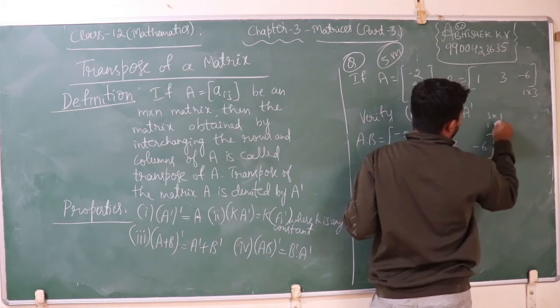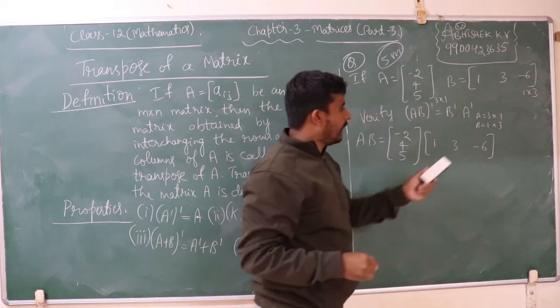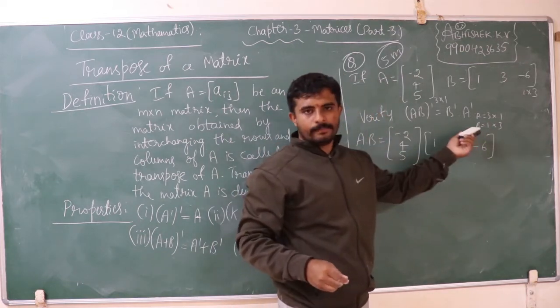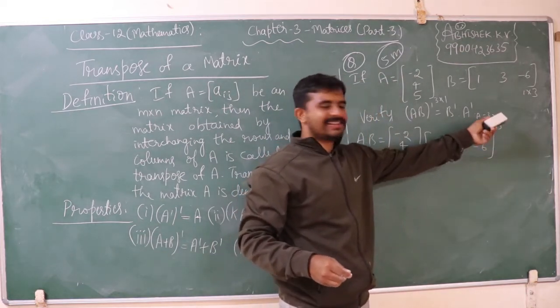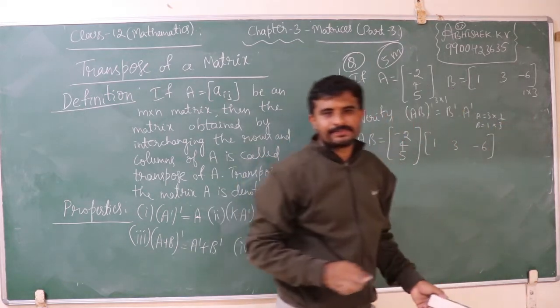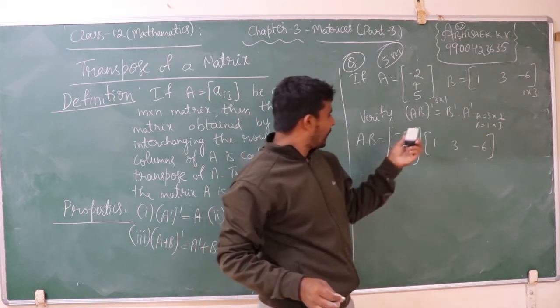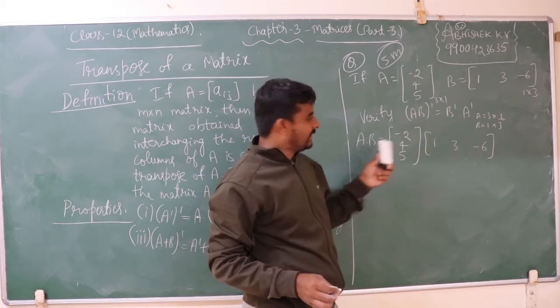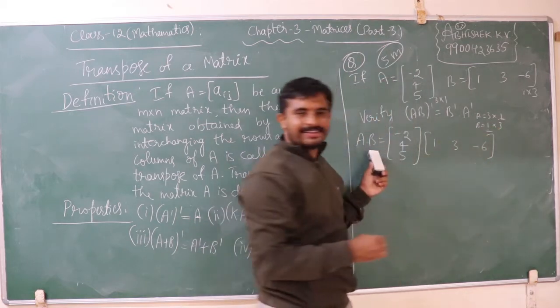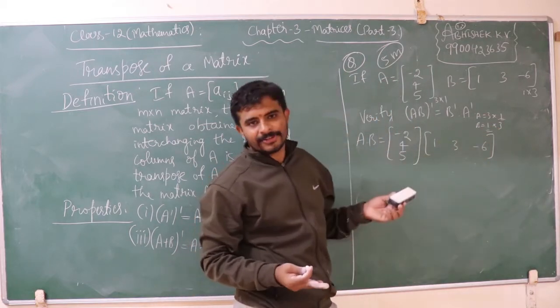To do AB, the number of columns of matrix A is equal to the number of rows of matrix B. Therefore, we are eligible to apply multiplication for these two.